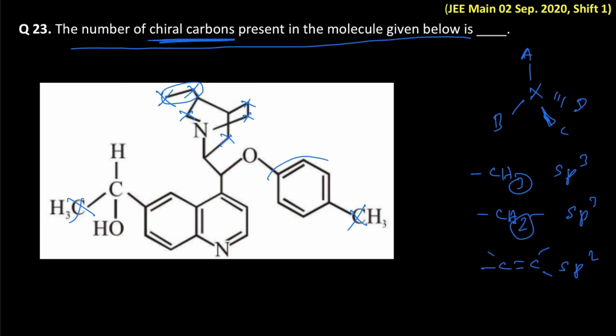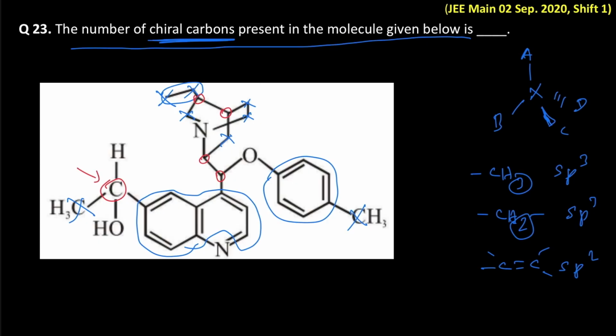This means all these 6 carbon atoms we can eliminate, and then all the carbon atoms in the quinoline ring we can eliminate. Now, let us look at the remaining carbon atoms. Let us mark them. So, 1, 2, 3, 4, 5. These 5 carbon atoms could potentially be chiral.